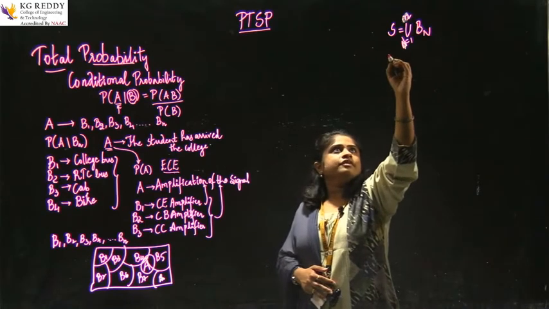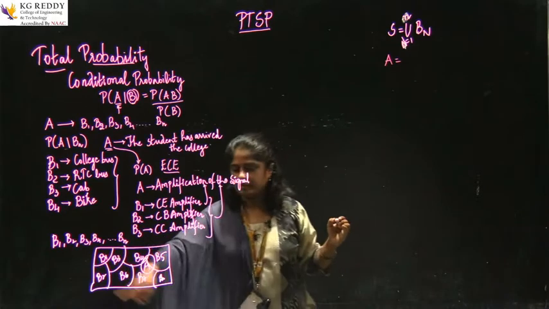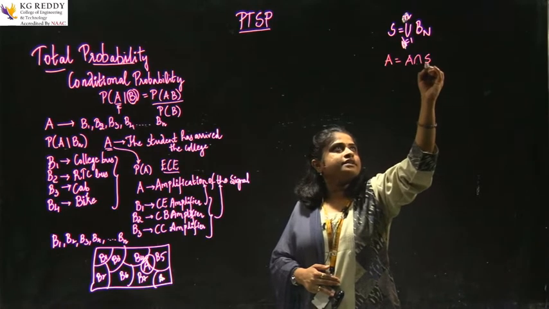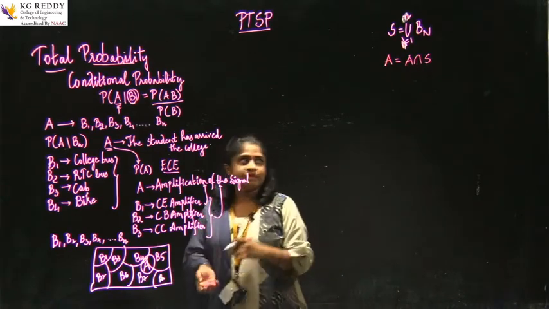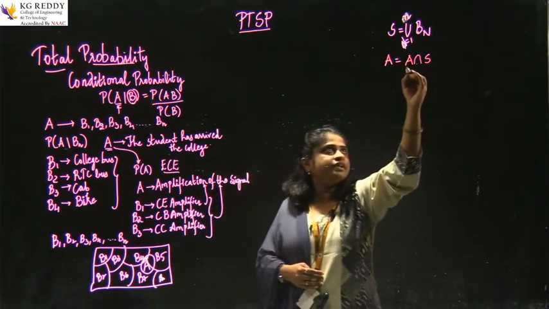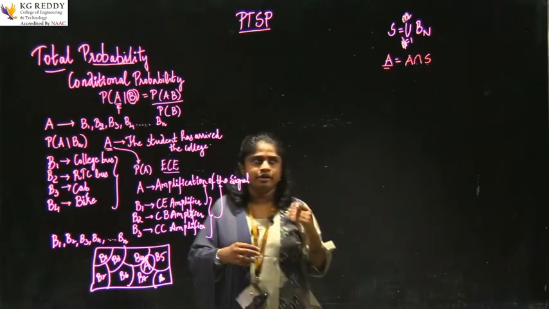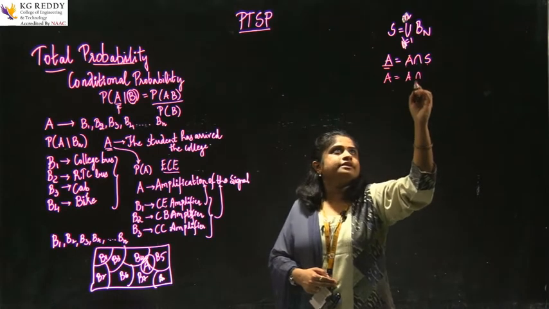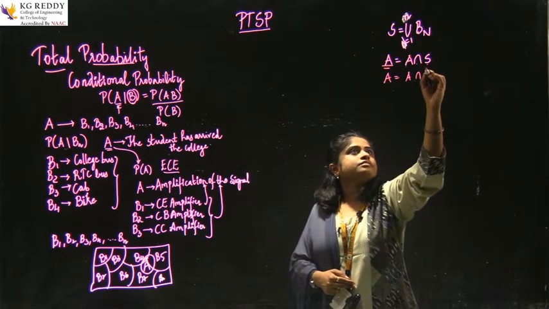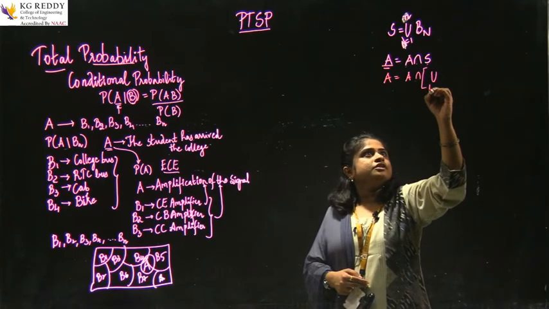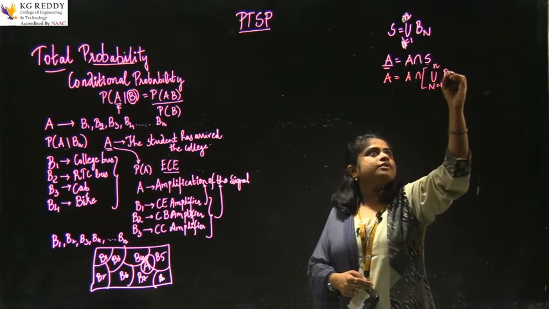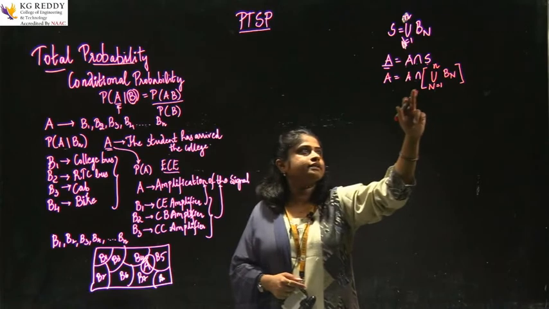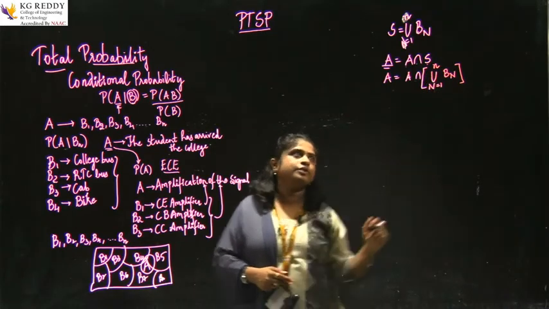Now, if I want to find only A from this sample space, it is given by A intersection S. If I find the common elements between A and the sample space, I will get only A. So I substitute: the sample space is the union of n equal to 1 to n of Bn, so A is equal to A intersection the union of n equal to 1 to n of Bn.